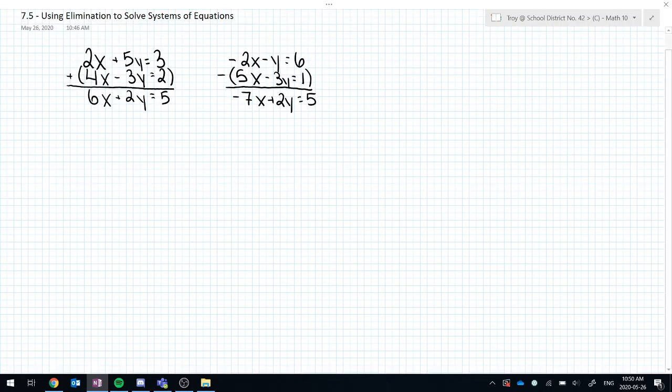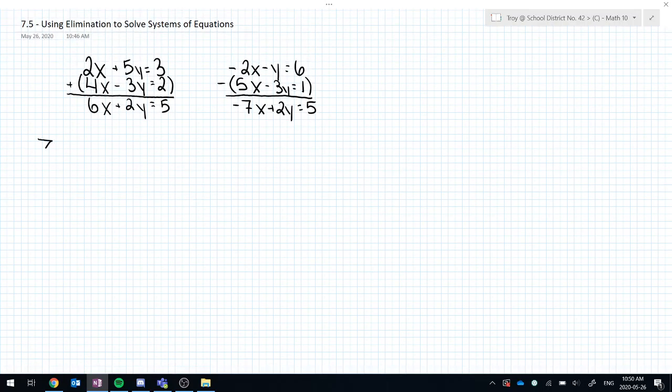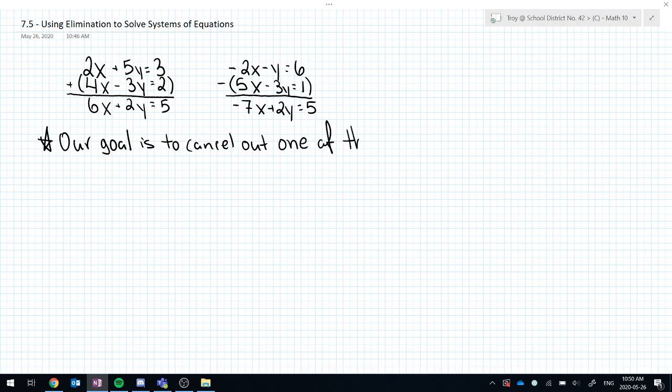So when we're doing this method, the number one goal that we're trying to accomplish using the elimination method is to cancel out one of the variables when we either add or subtract. It's up to you whether you want to add or subtract the two equations in the system.